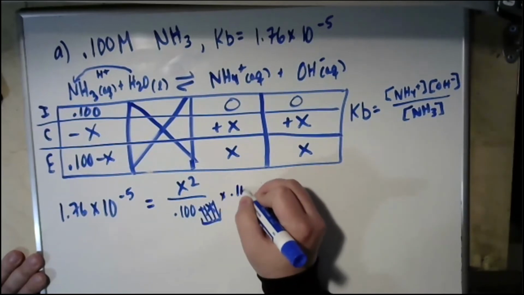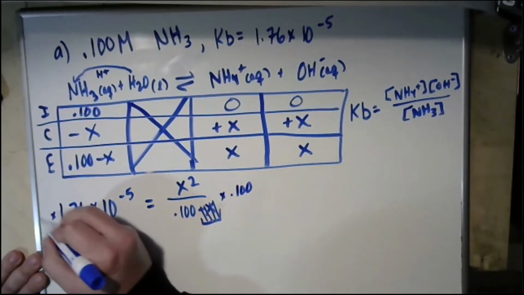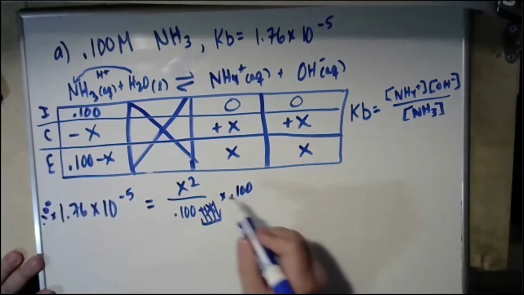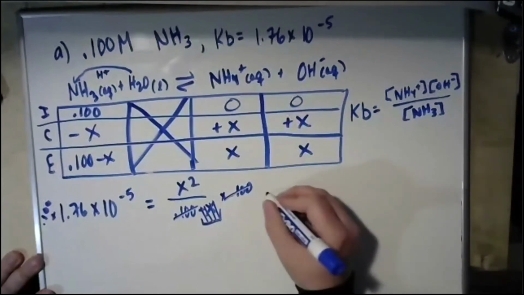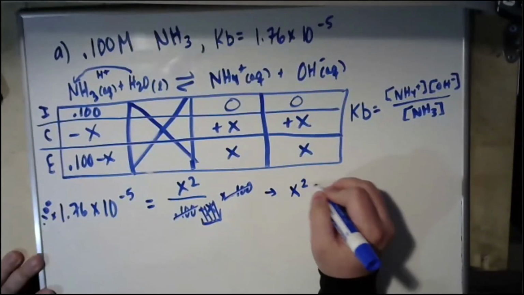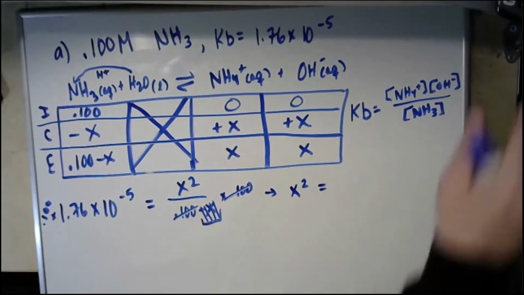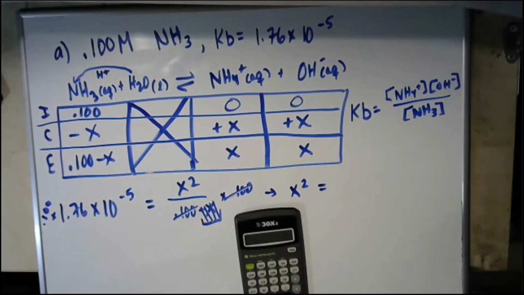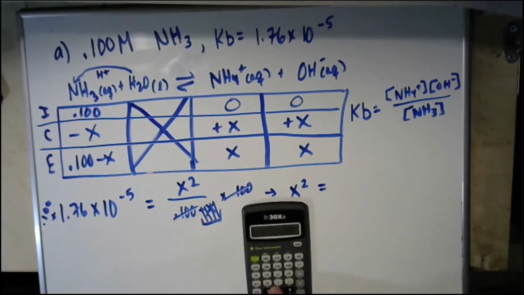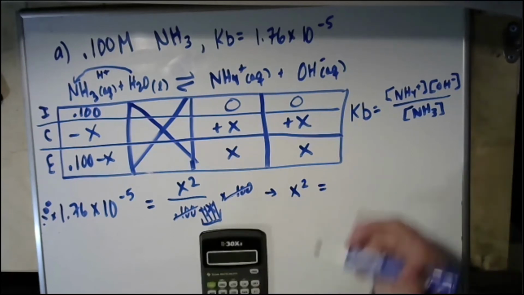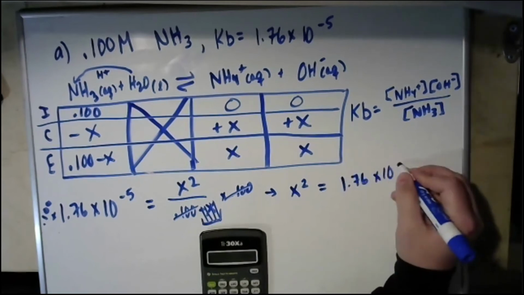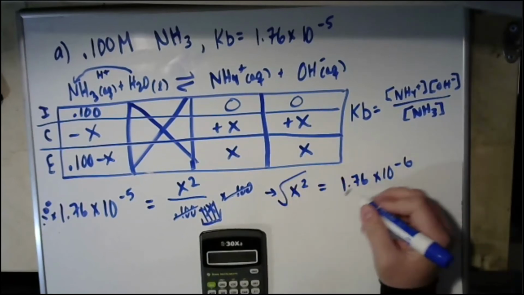Now I'm going to multiply both sides by 0.100, just so you know what I'm doing here. And we'll rewrite this: X squared equals, then we'll take the square root.